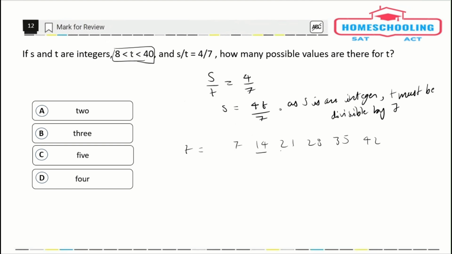In the question it is given that T is greater than 8, so we cannot take 7. So we have 14, 21, 28, 35. We cannot take 42 because in the question it should be less than 40 and greater than 8. So we have a total of 4 possible values of T. So option D is your correct answer.